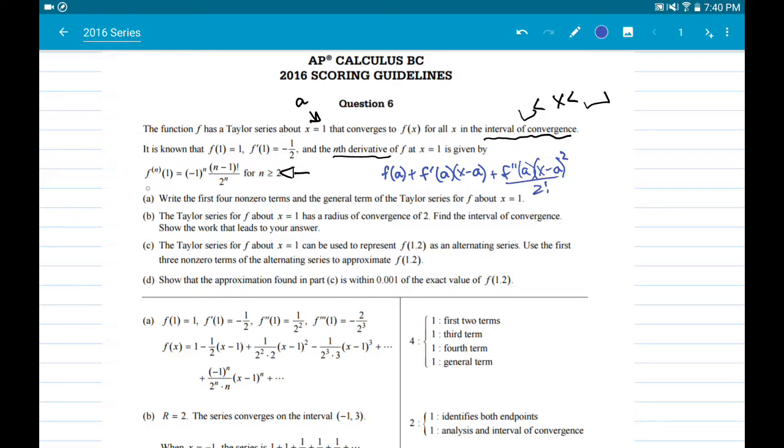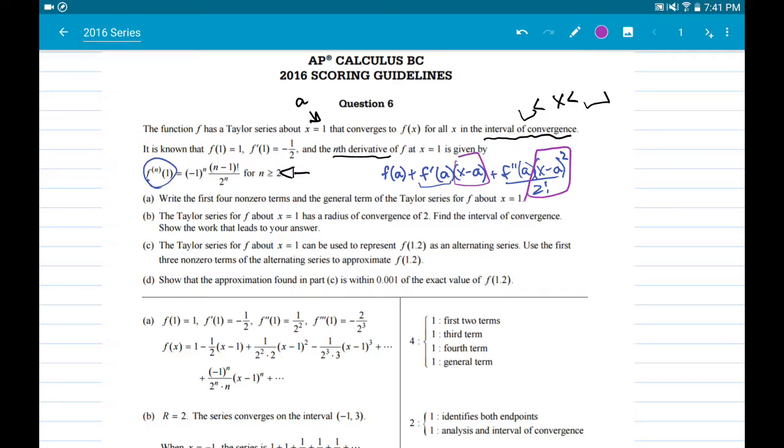And so the first mistake I don't want you to make is thinking that this is just the derivative part. This is not going to give you the entire series. It's just going to give you the coefficients, essentially the derivatives. You still have to put in the other pieces to it, if that makes sense.